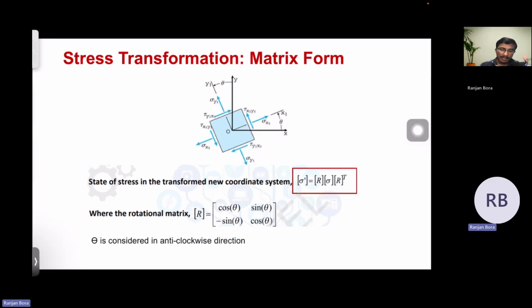Now there was this stress transformation matrix form. So what is the stress transformation?